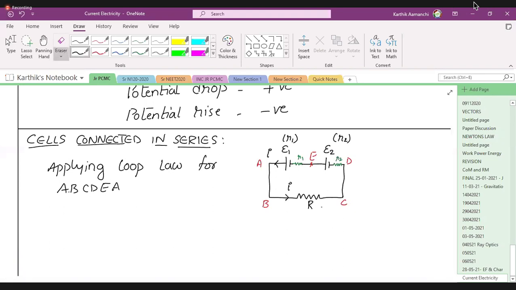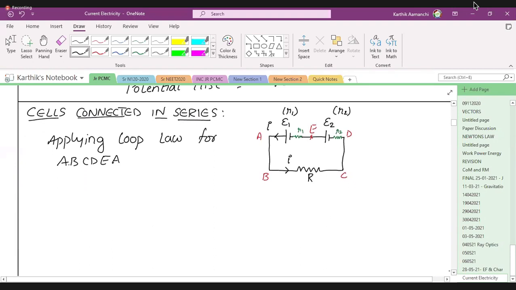Now you tell me, use your loop law. The current is going from A to B. Is it a potential drop or potential rise? Potential drop. So can I say it is I into R? Yes. Come here, D to this point: potential drop or potential rise? Drop.